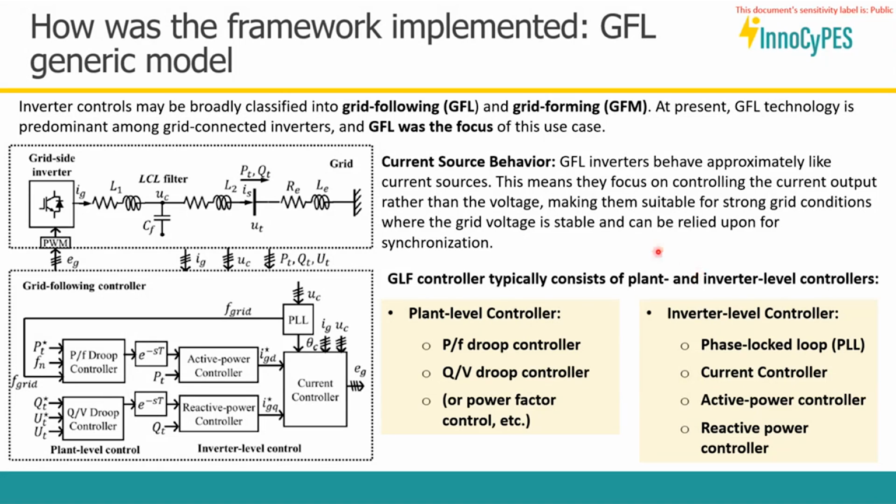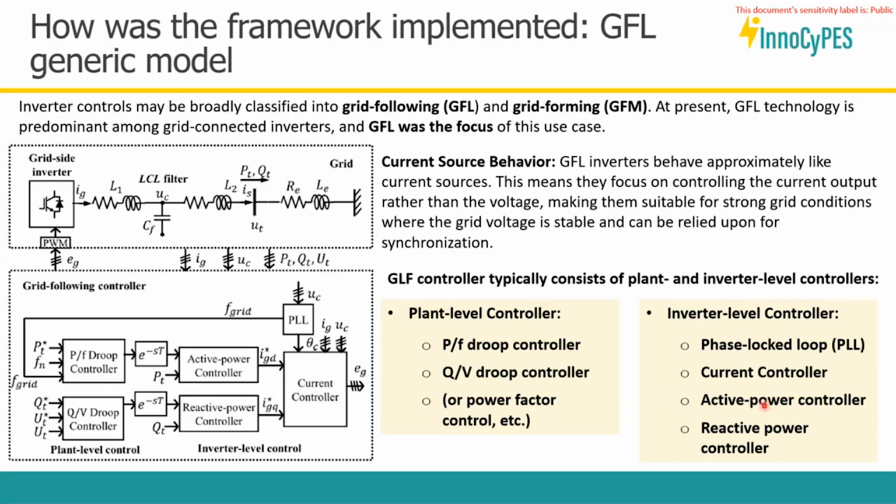There are different approaches, but usually we have a plant level controller and an inverter level controller. The inverter level controller includes the phase lock loop, which is very characteristic of the grid following strategy, plus the current controller, active power controller, and reactive power controller.